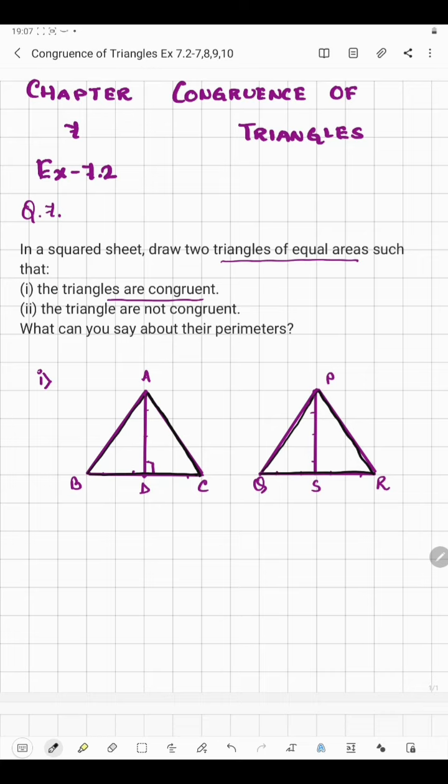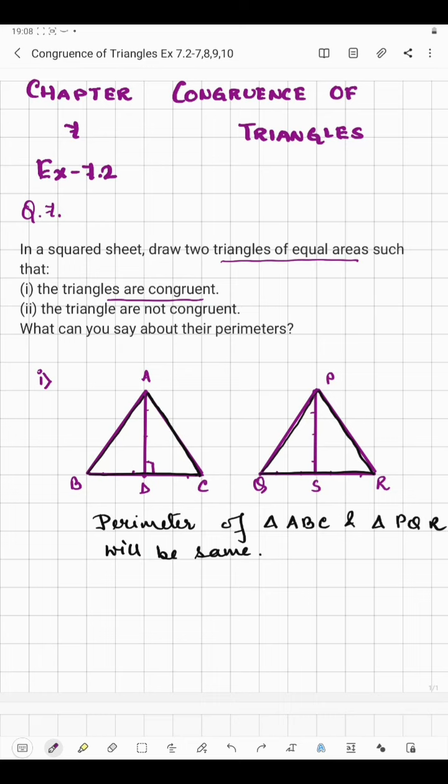So what can you say about their perimeter? The perimeter of triangle ABC and triangle PQR will be the same.